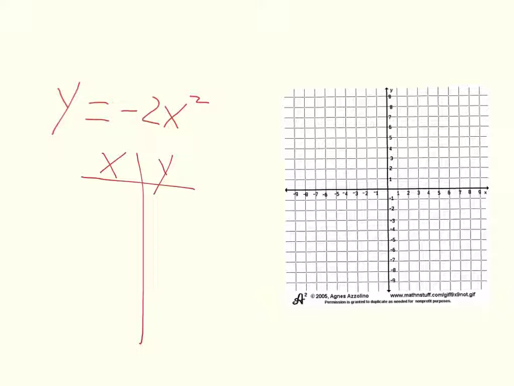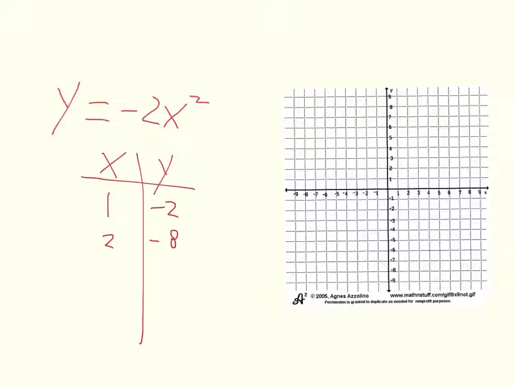Here's what we're going to do. We're going to start with 1. So 1 squared is 1, times -2 is -2. And then we're going to move on: 2 squared is 4, times -2 is -8.